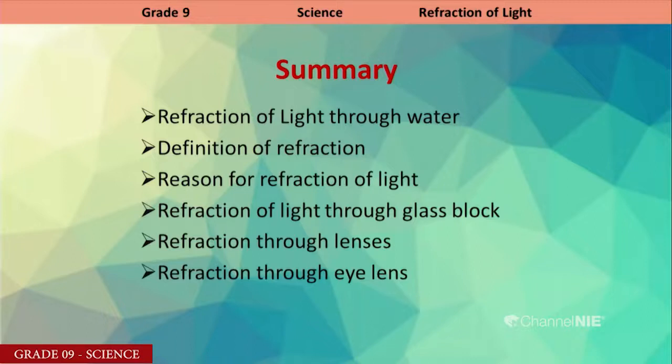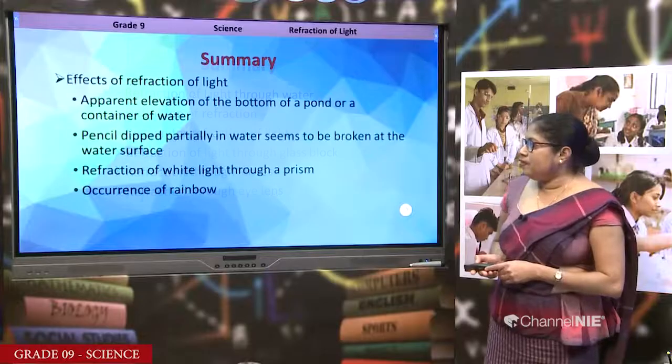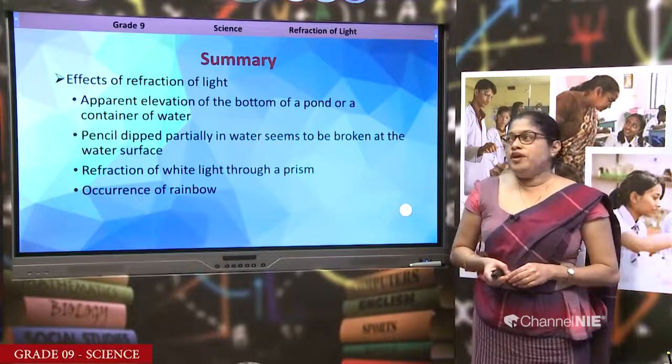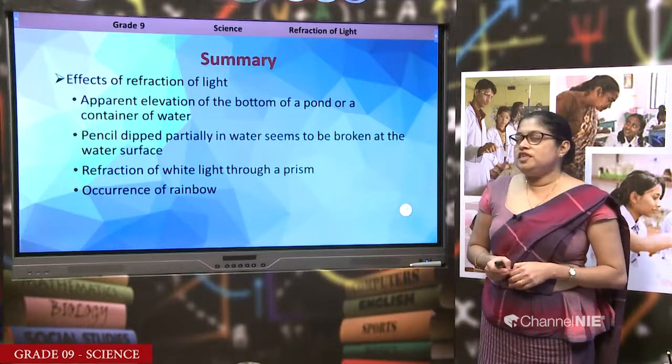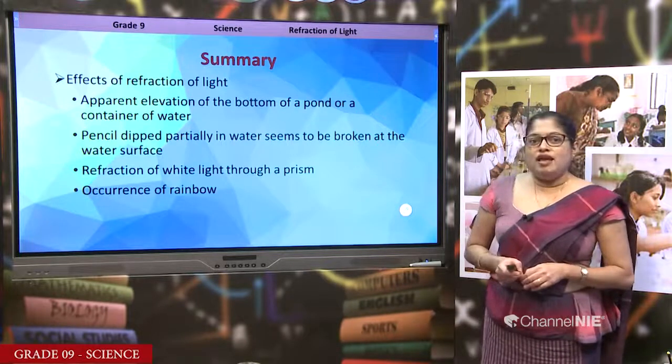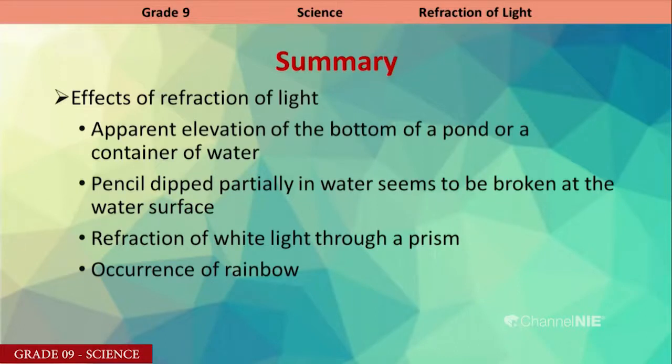We learned reasons for refraction of light and refraction of light through glass block, refraction through lenses, refraction through eye lens, and at last we did some incidents related to refraction of light, like apparent elevation of bottom of a swimming pool, pencil dipped partially in water seems to be broken, refraction of white light through prism, and at last we did occurrence of rainbow.